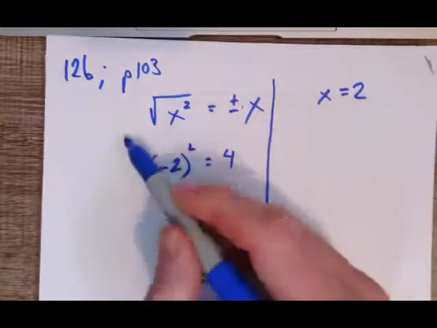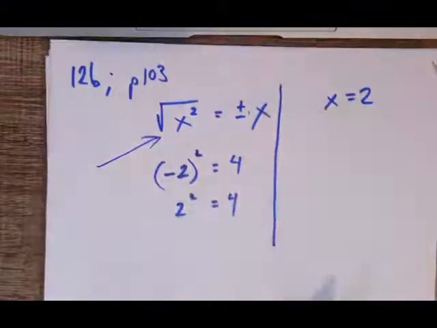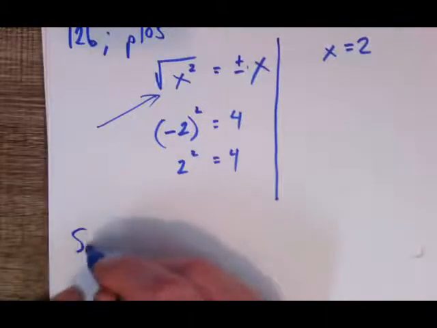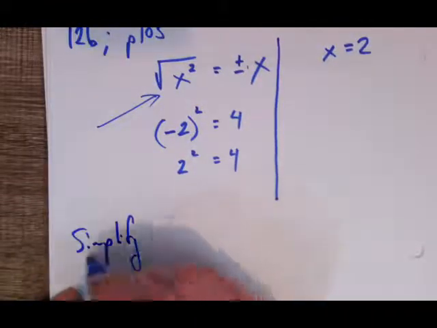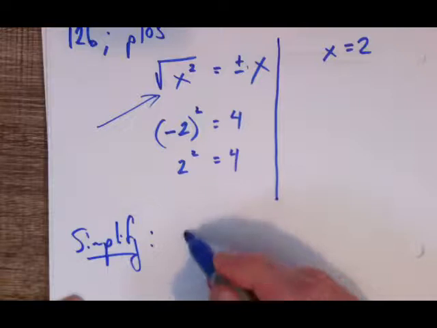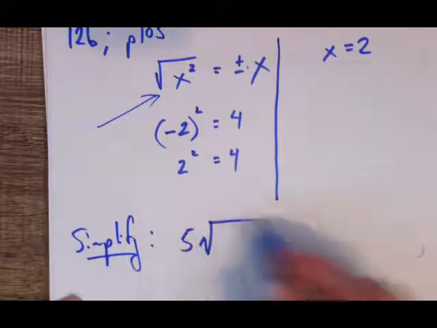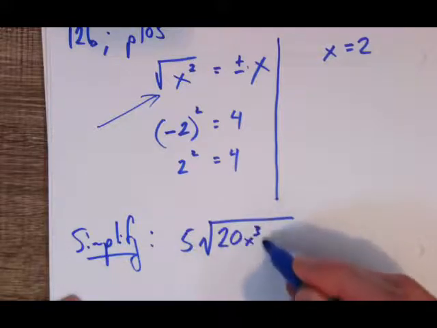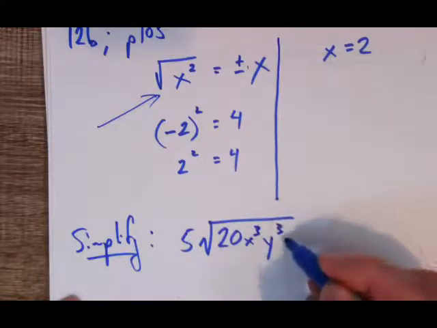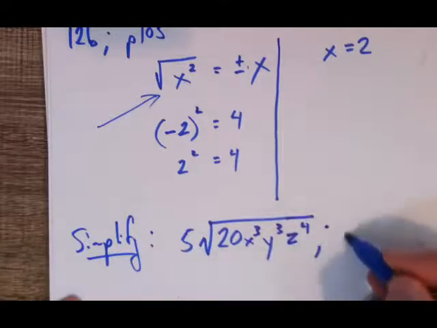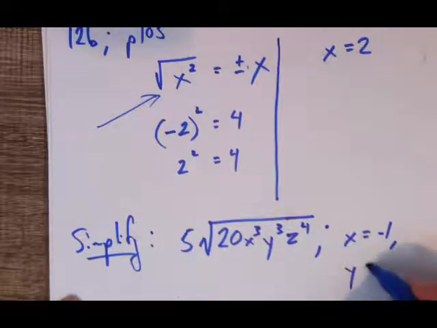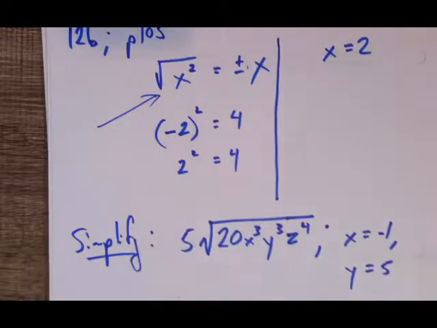But if we're told, let's say you have a question, you're told to simplify, just making something up here. So we all know that's dangerous. And we have the fifth root of 20 x cubed y to the 3, same thing, z to the 4, where x equals negative 1, y equals 5, or something like that.